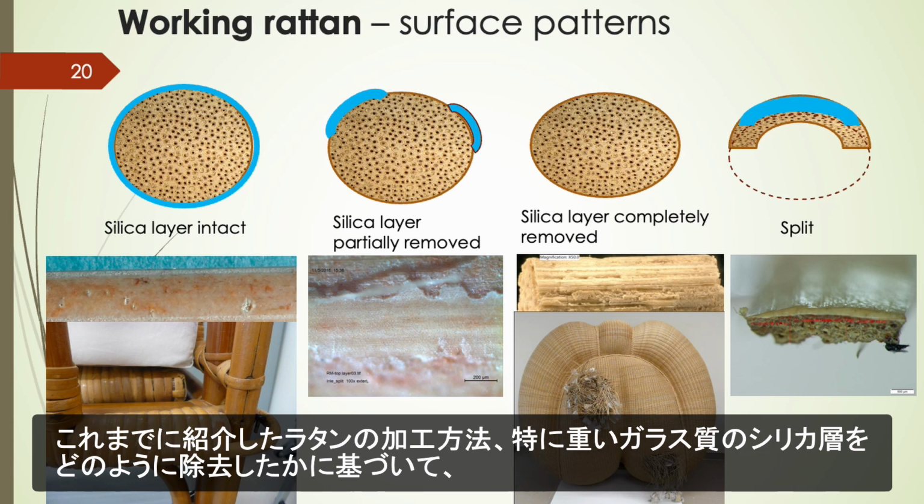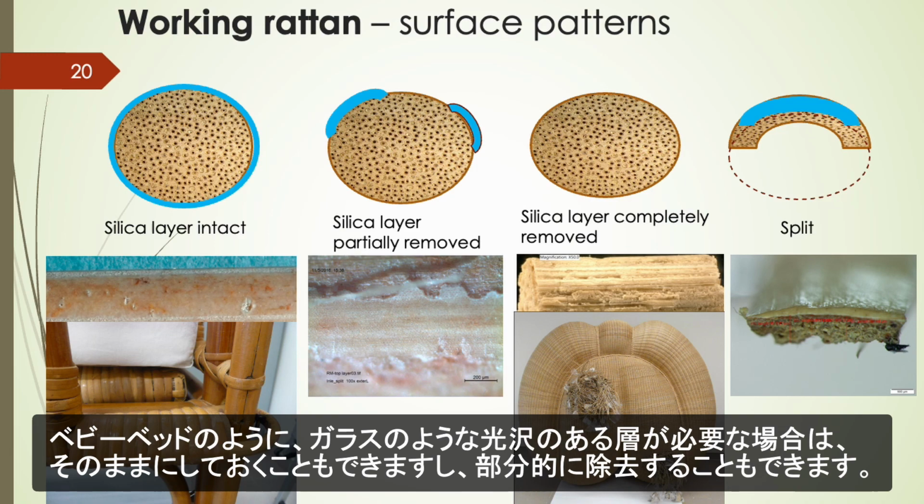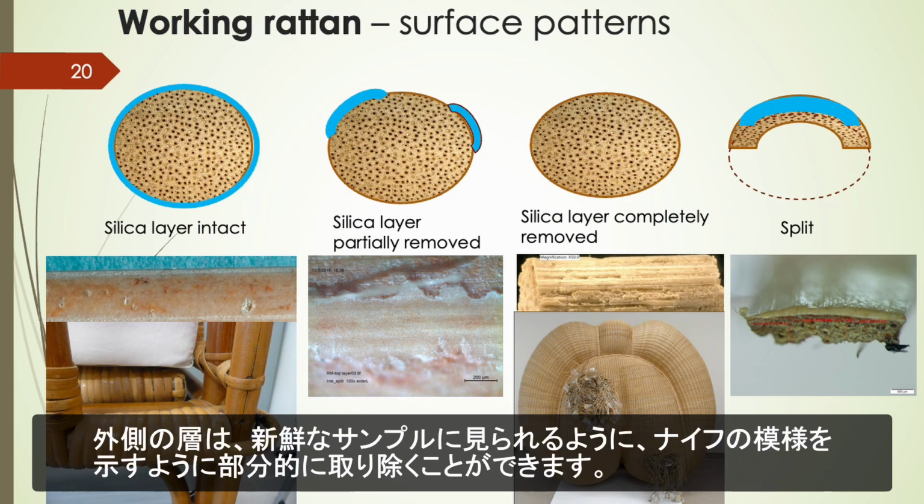Based on the previously shown methods of working rattan, and in particular how the heavy glassy layer of silica was removed, I identified the following patterns of biogenic silica on artifacts. Going from the left, the silica could be left intact, untouched, and that is seen as a lustrous, glassy and glossy surface, as we observed on our child's coat, and that is probably the most desired appearance of rattan.